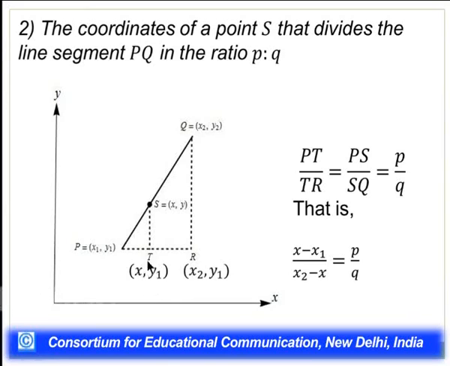The x coordinate of T will be the same as S, and because T and P are at the same height, the y coordinate of T will be the same as the y coordinate of P. So therefore, we have y1 as the y coordinate of T, and T is given by the point x comma y1.